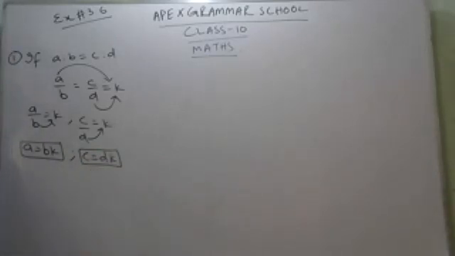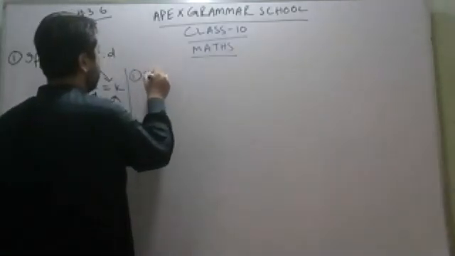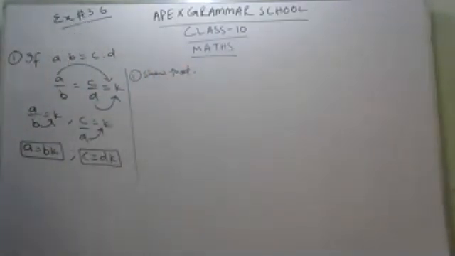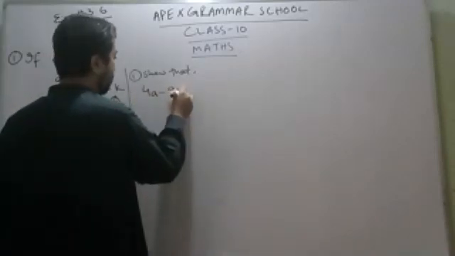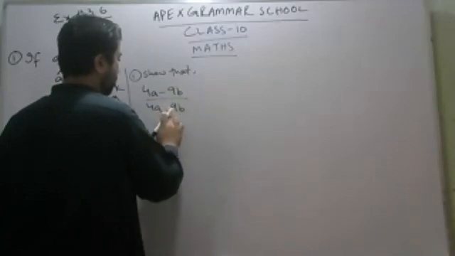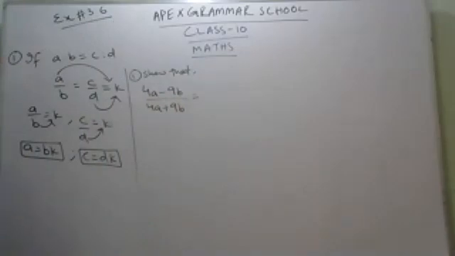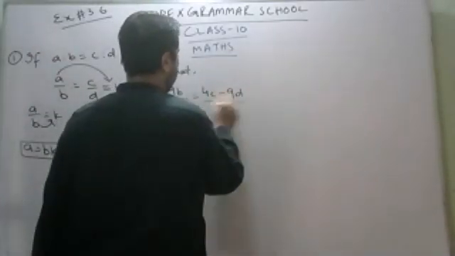So now we need to show that. Part 1 is show that (4A minus 9B) over (4A plus 9B) is equal to (4C minus 9D) over (4C plus 9D).